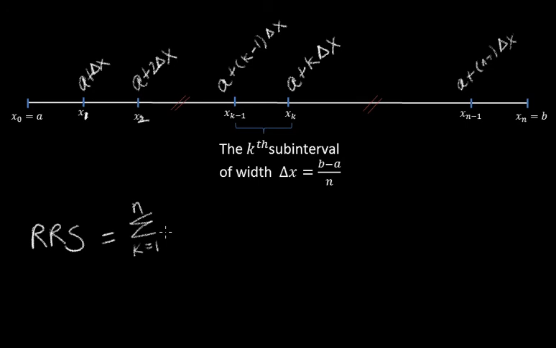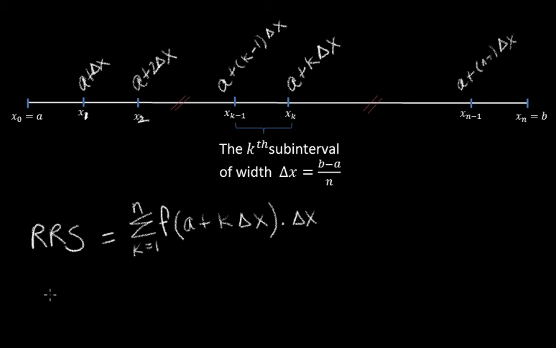So it would be our function, f of a plus k jumps of delta x. That's the right endpoint of the kth subinterval, times delta x. And that gives us our right Riemann sum.